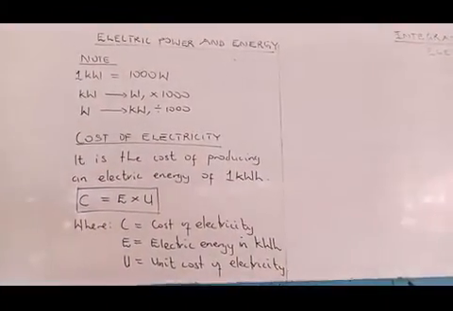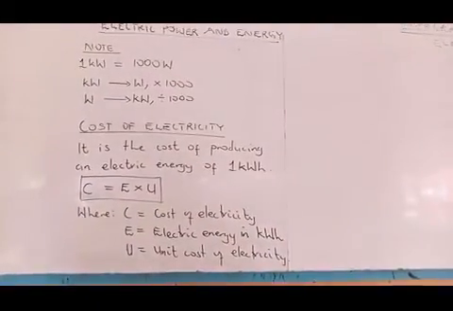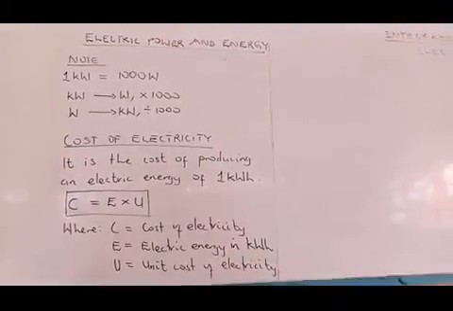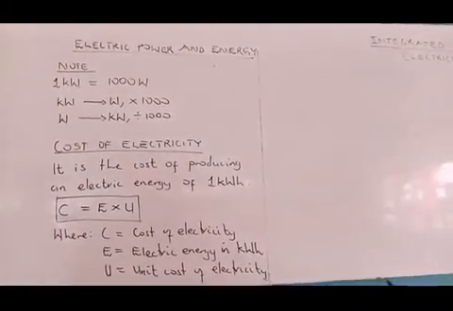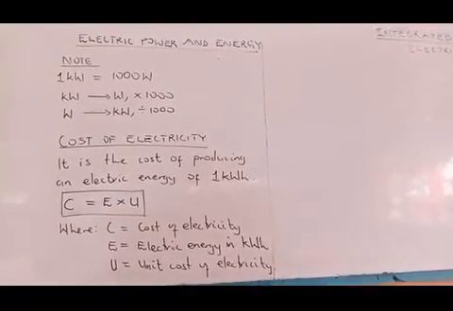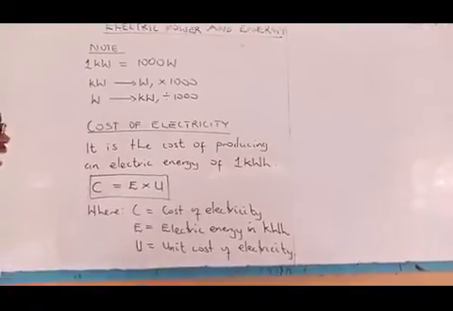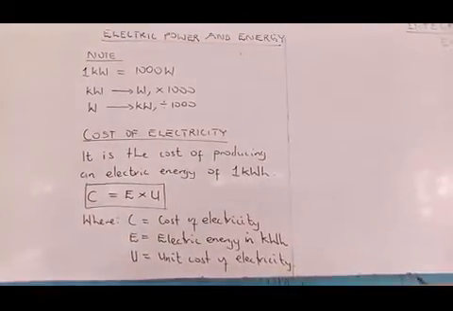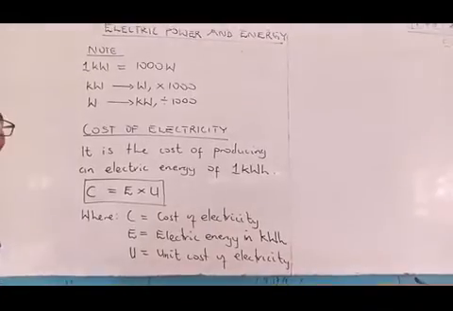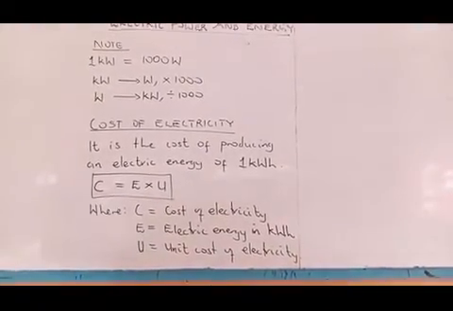For instance, in Ghana, let's say the unit cost of electricity is 2 Ghana cedis. You just multiply the electric energy that was used in the month by 2 cedis, and that will give you the cost of electricity for the month, or what we call the electric bill for the month.